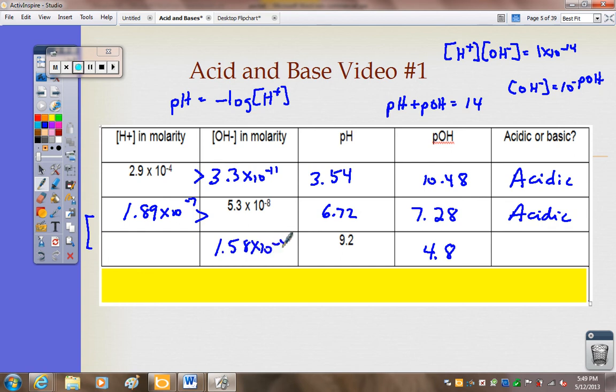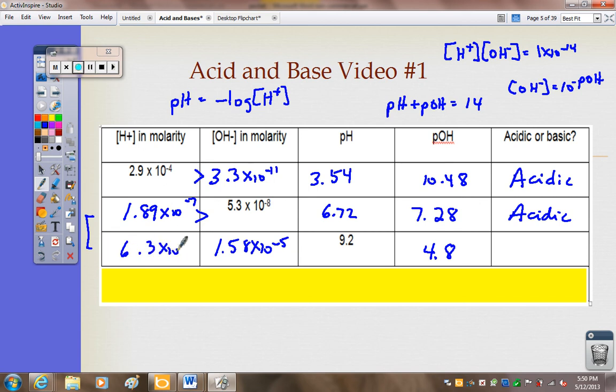I can do something similar to find my H+ from my pH. So 9.2, make it a negative, and then do 10 to the x of that value, I get 6.3 times 10 to the negative 10th.